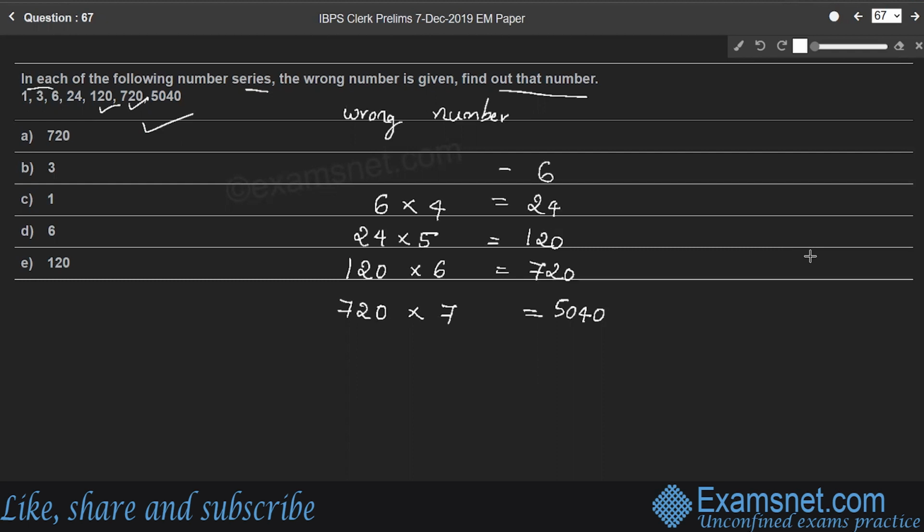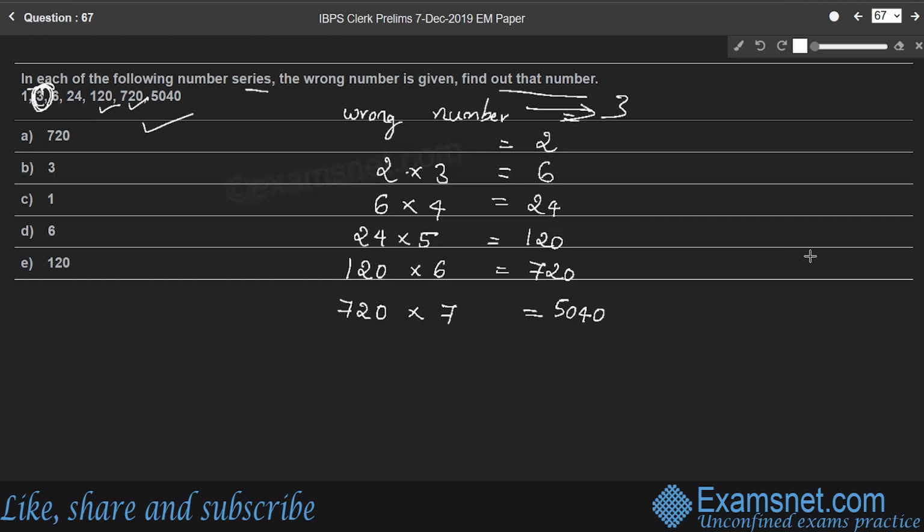Again, 6 is obtained when some number is multiplied by 3, and that number is 2. But the previous number to 6 in the given series is 3. Therefore, the wrong number is 3.